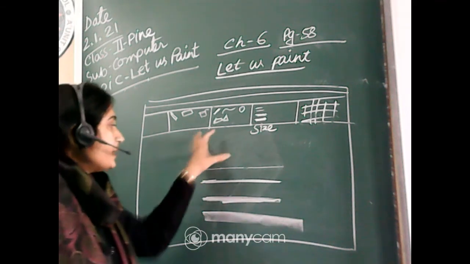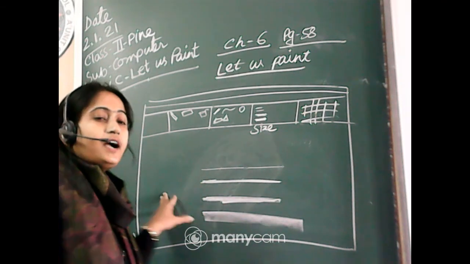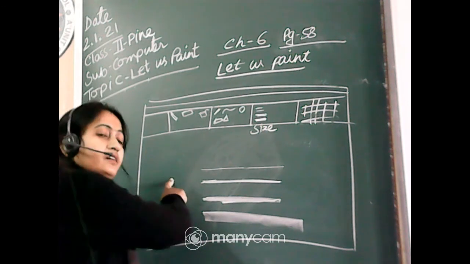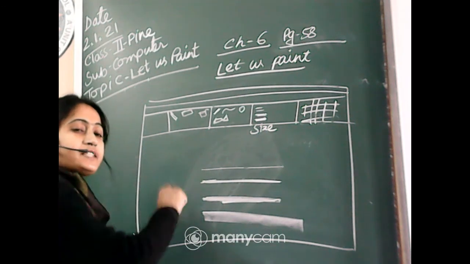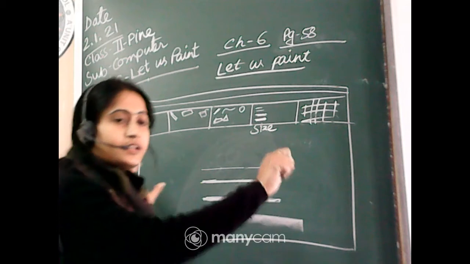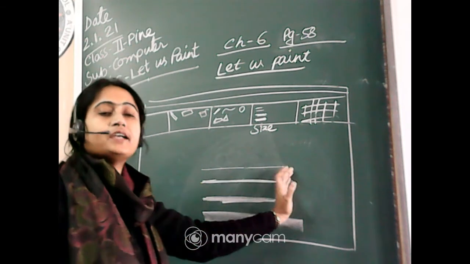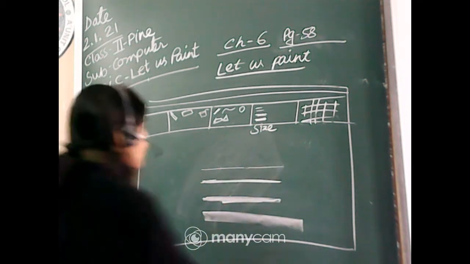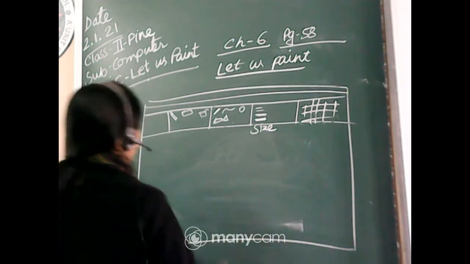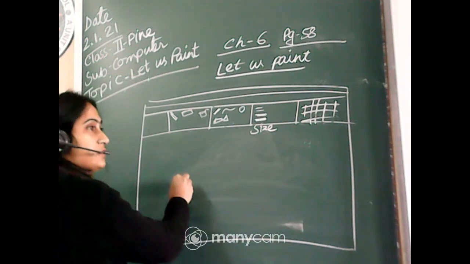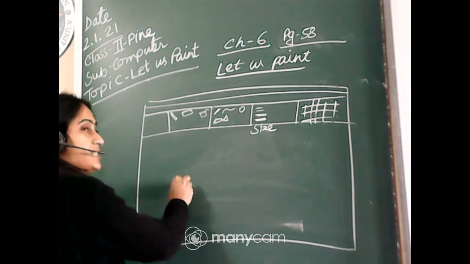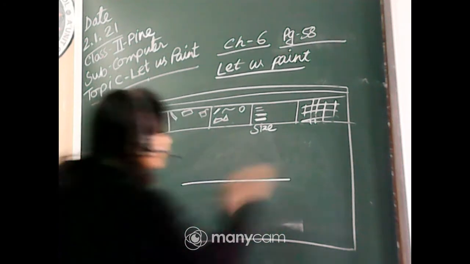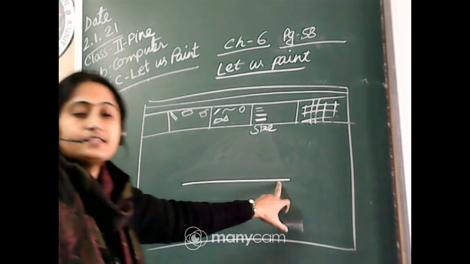And now bring your mouse pointer on the drawing area, and then press the left mouse button, hold it, and drag it from the beginning to end, as much as you require. Suppose you require this much, and then release the left mouse button.